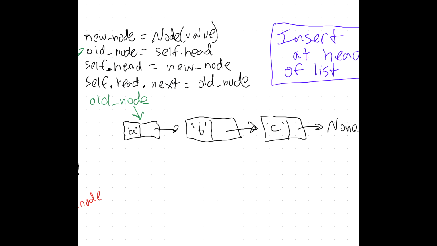So for our linked list, self.head is going to point to, and let's see, was that in black? We'll use blue, maybe. That is a terrible arrow. In fact, let me just go ahead and erase it.